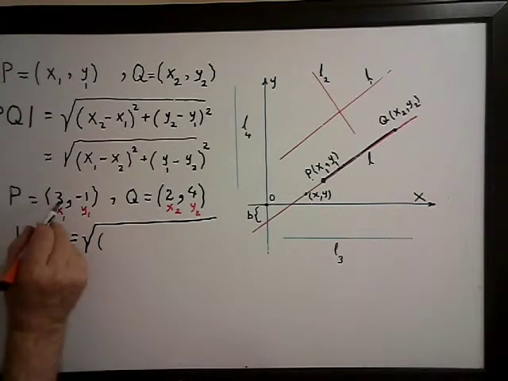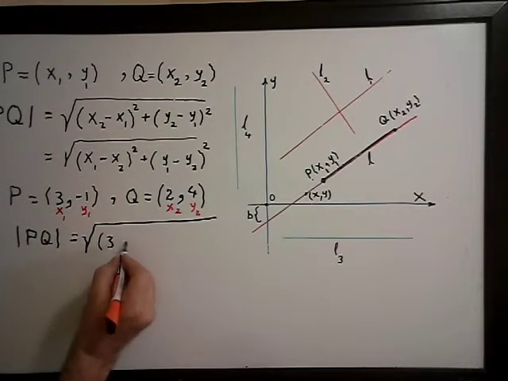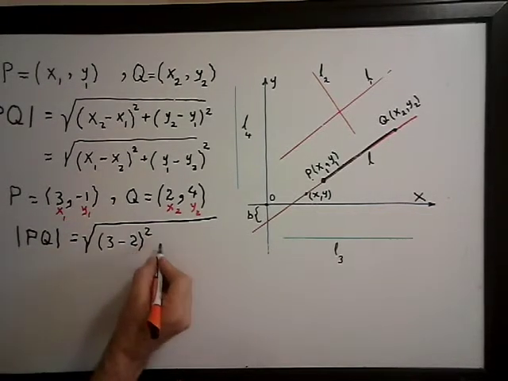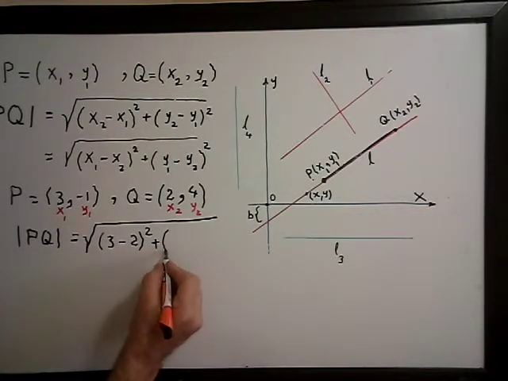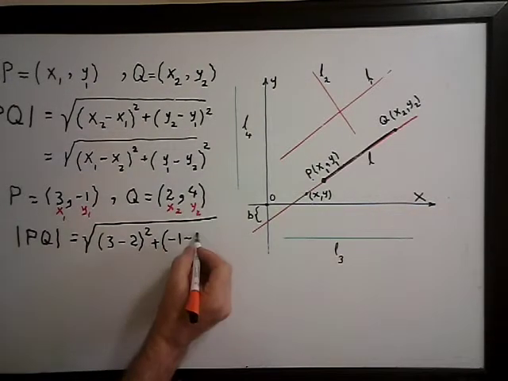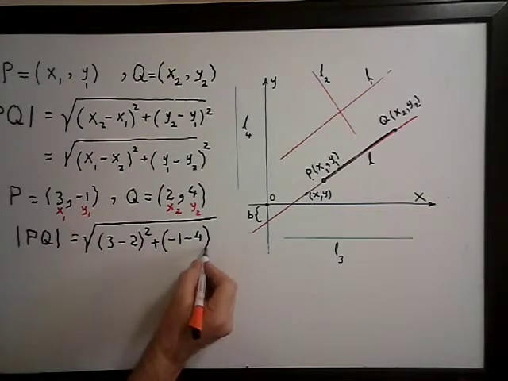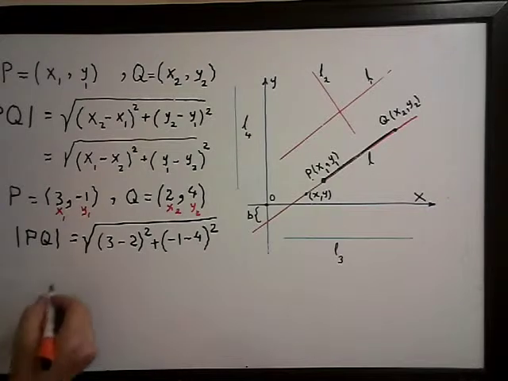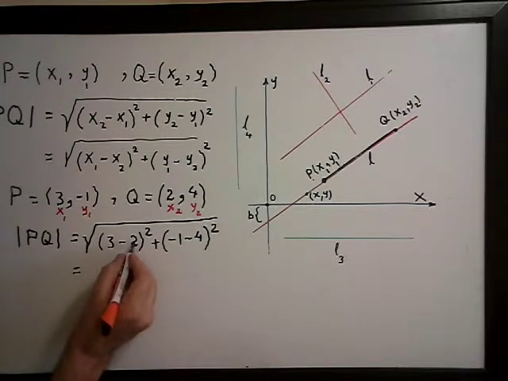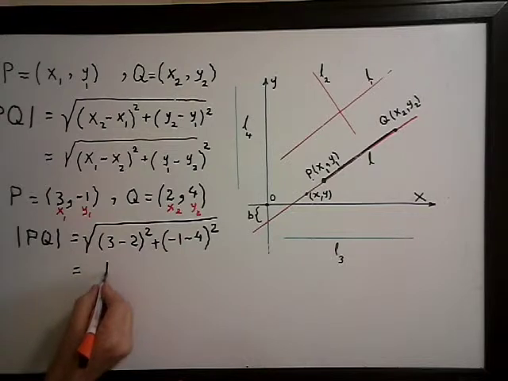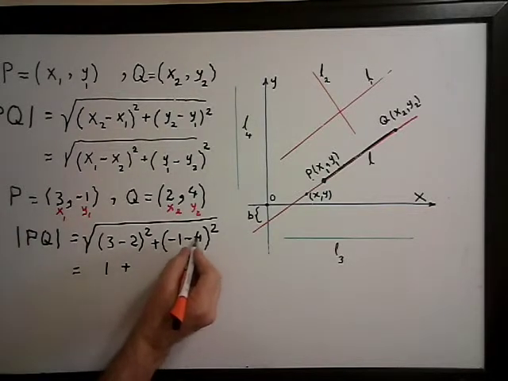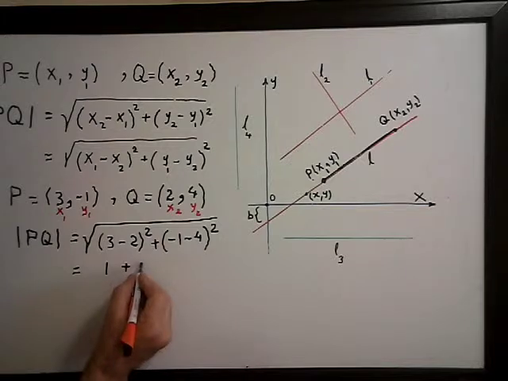We can say 3 for x1 minus 2 for x2 squared plus y1 is negative 1 minus y2 is 4 squared, which equals 3 minus 2, that's 1, 1 squared is 1, plus negative 1 minus 4, that means negative 5, negative 5 squared, that means 25.